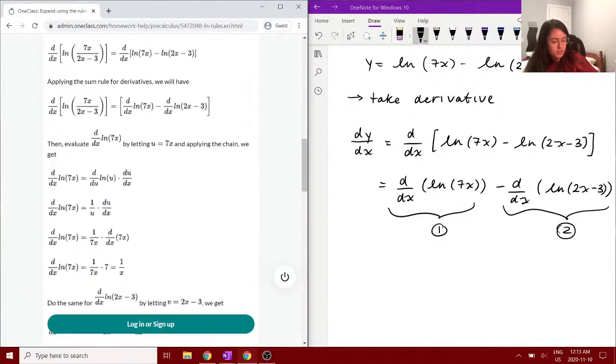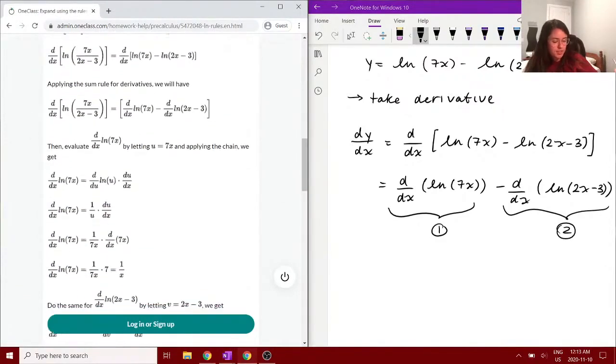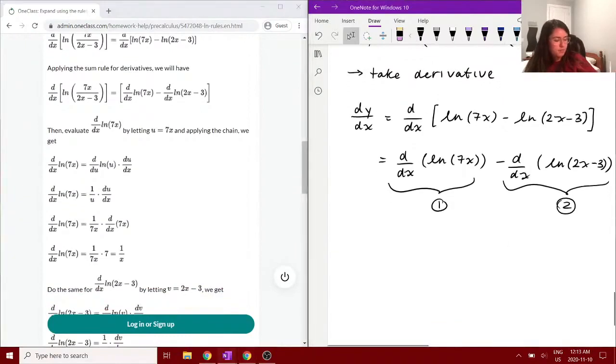The solution goes into a little bit more detail than I think is necessary. But you can try doing it this way if you'd like. So what the solution does is we'll start with 1 here. So this first term, which is d by dx of ln 7x.